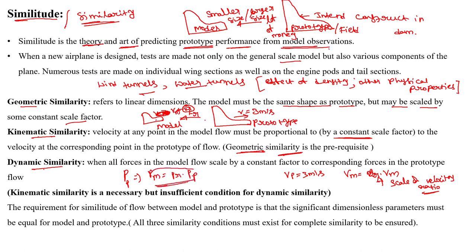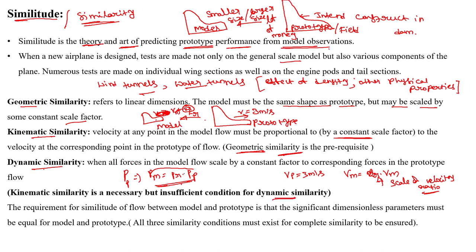So kinematic similarity is necessary, but not a sufficient condition. Suppose we say that the model and prototype are kinematically similar. It is necessary, but it does not guarantee that the model and prototype are dynamically similar.